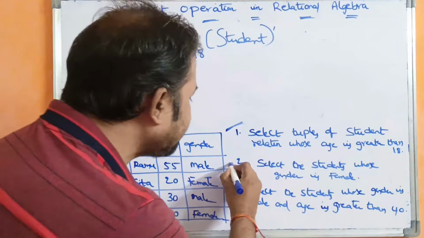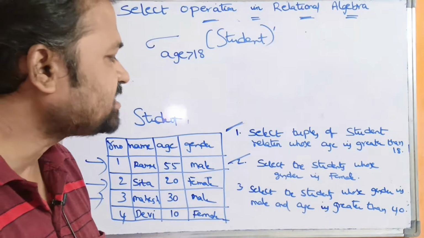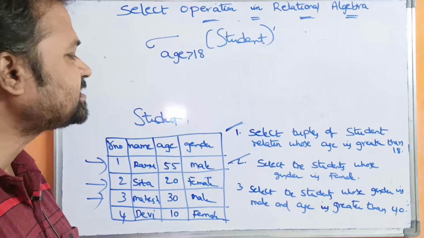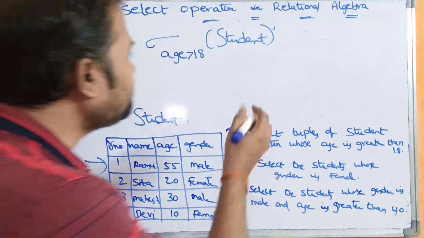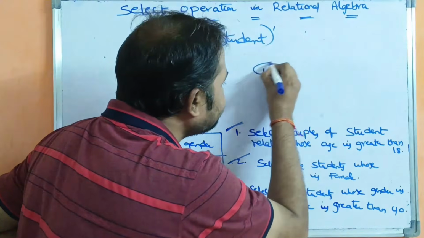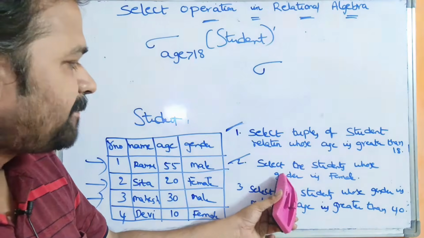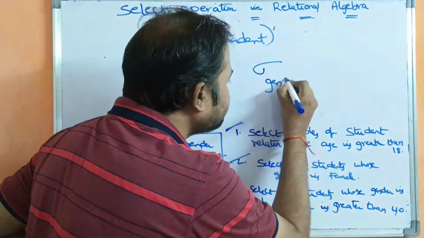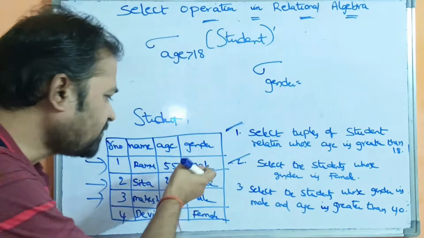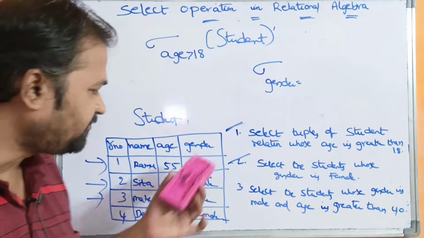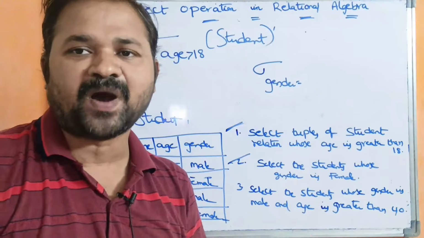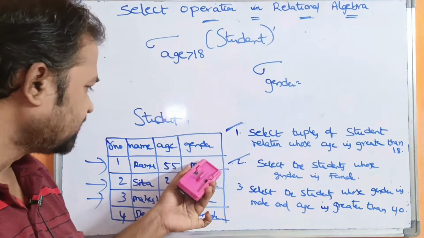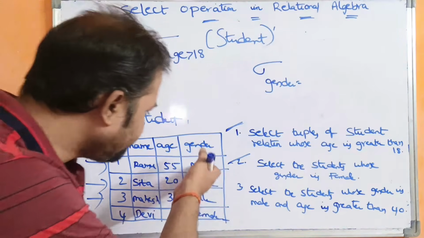Now let us see the second query. Select the students whose gender is female. Select means we have to use the sigma operation. Here the predicate or condition is gender is female. So gender is equal to, and here we have characters.